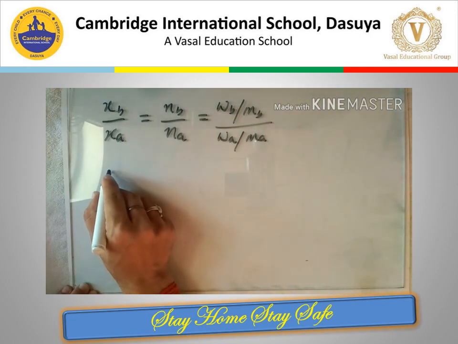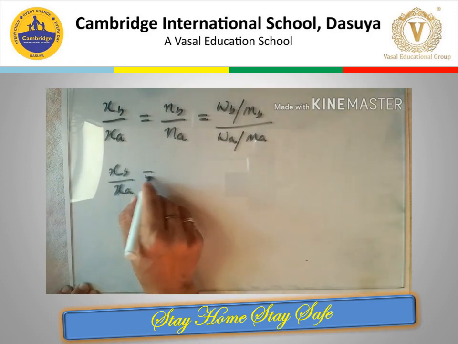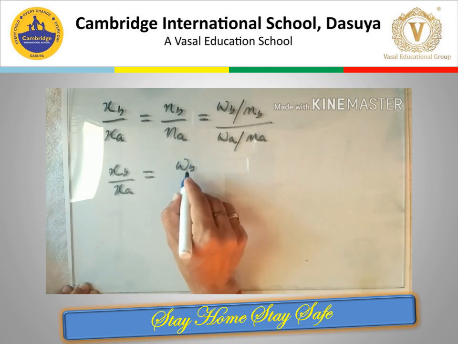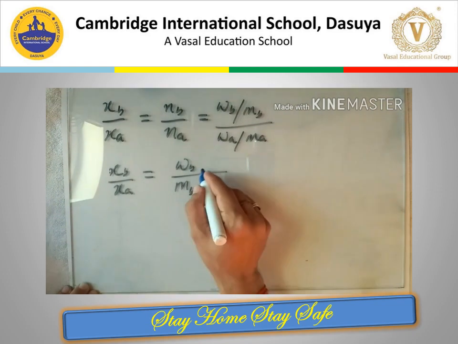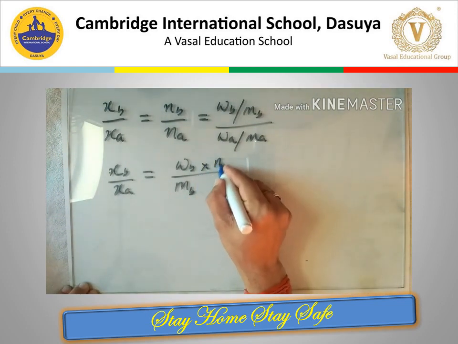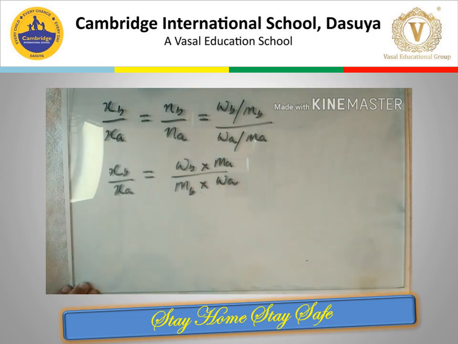So we have chi B upon chi A equals WB upon MB into MA upon WA.